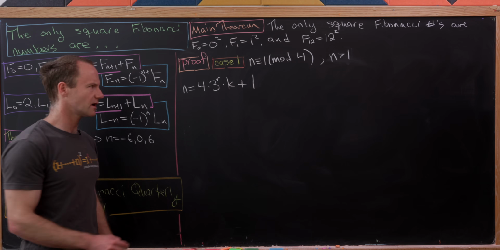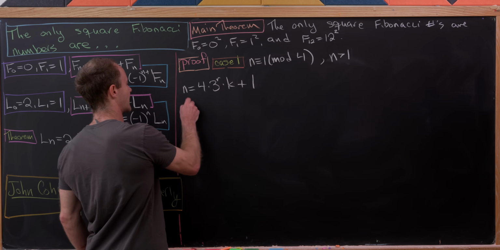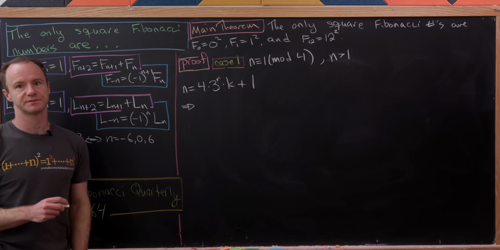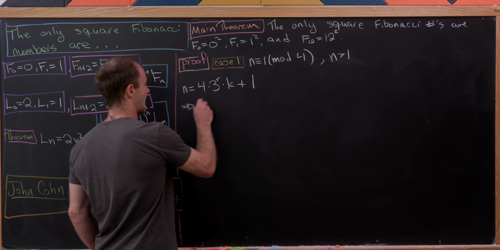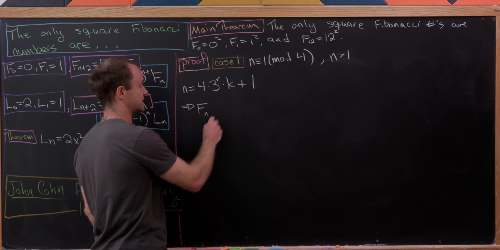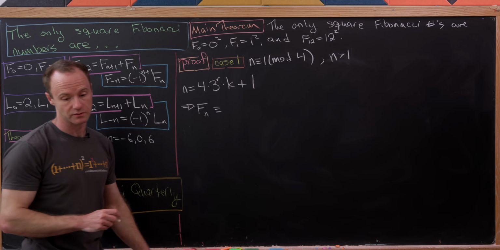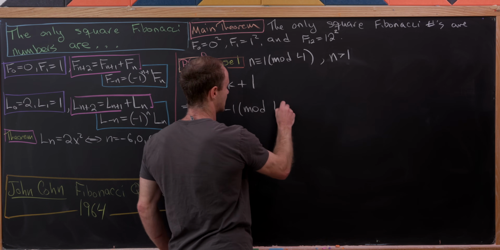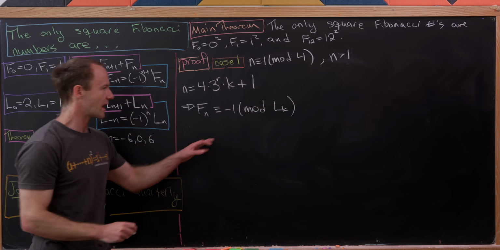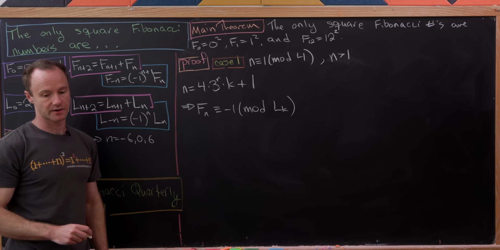And from here, we're gonna apply another kind of obscure congruence between Fibonacci numbers and Lucas numbers. And that is, in this case, f sub n is in fact congruent to -1 mod L sub k, where k is this number right here.